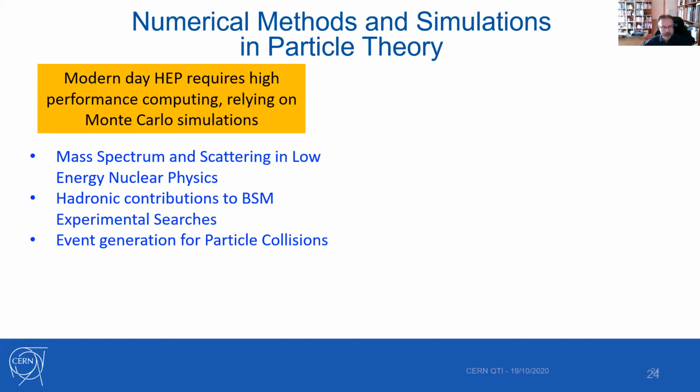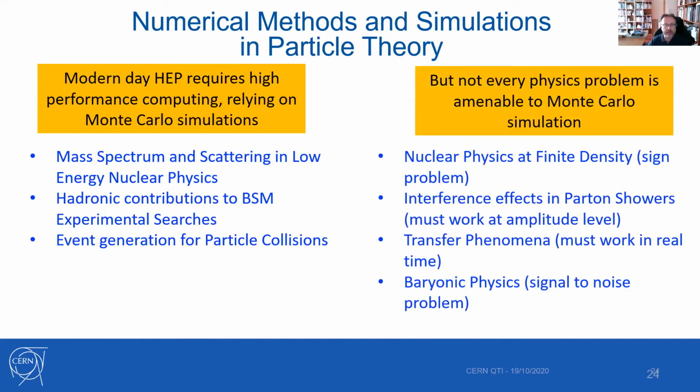Nonetheless, even having all the HPC resources that we can think of, there are problems that per se cannot be solved by classical methodologies. The sign problem is one of these types of problems.